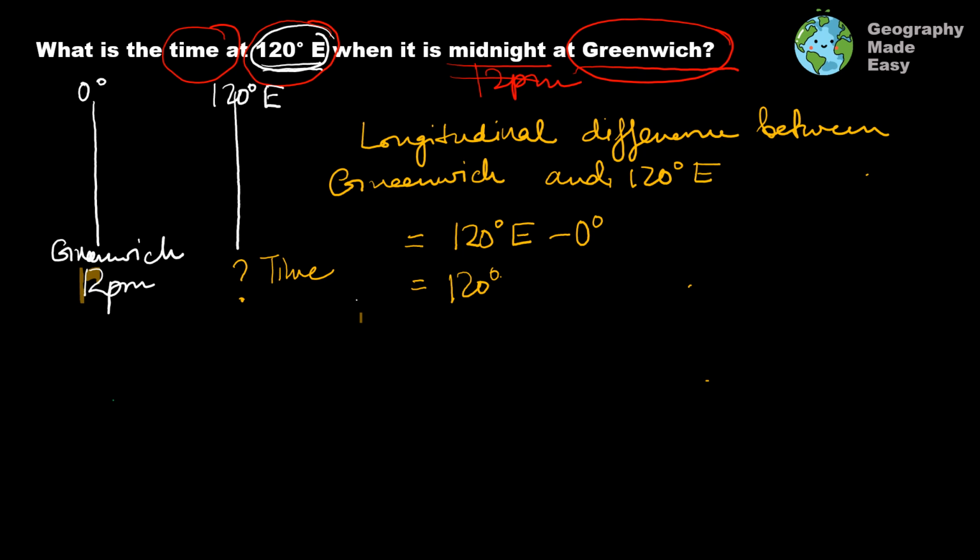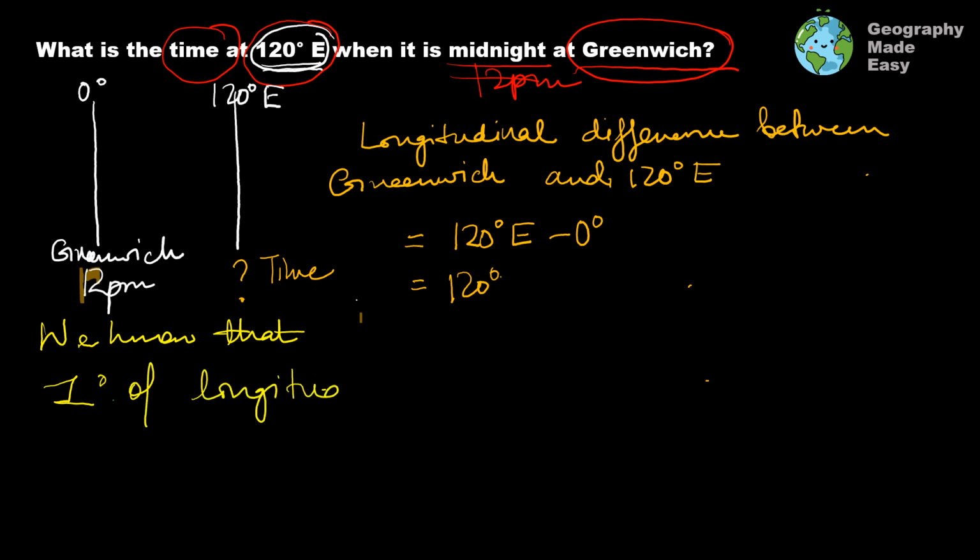Next, we are stating this, I am writing this here. We know that 1 degree of longitude is showing a difference of 4 minutes.